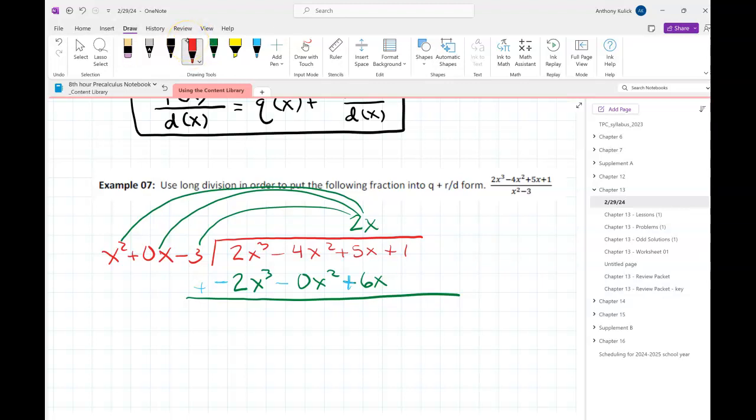Now I'm just going to add straight down. 2x cubed plus a negative 2x cubed is 0. Negative 4x squared minus 0x squared is just negative 4x squared. 5x plus 6x is 11x. And then I'll bring down whatever I haven't dealt with yet.